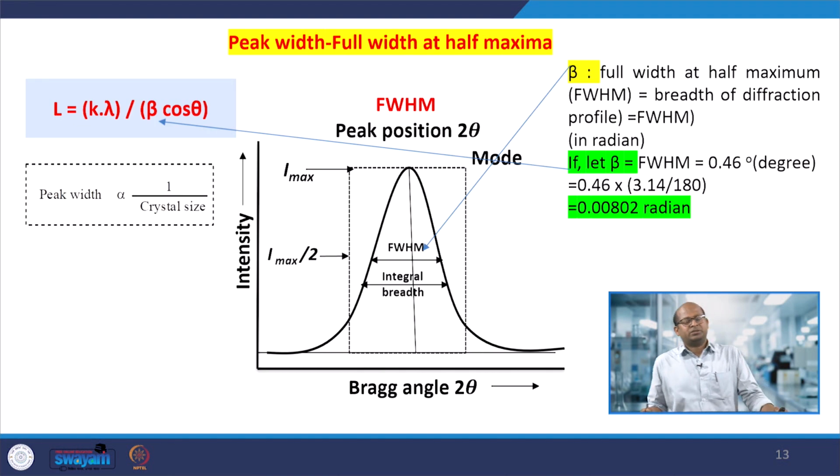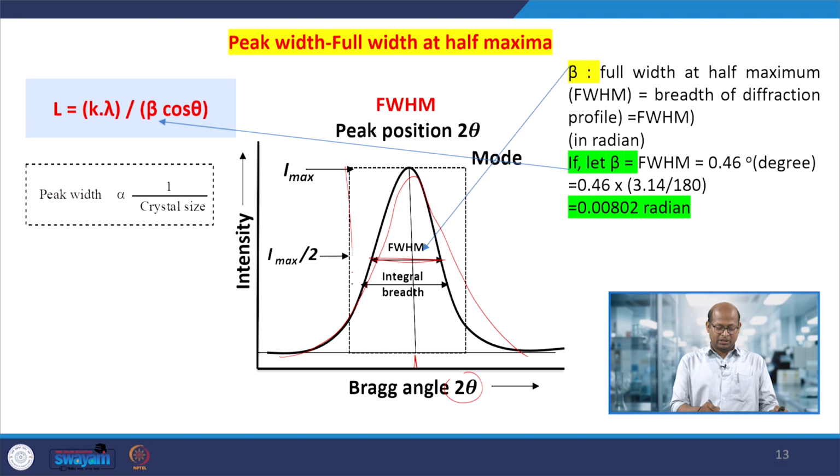Here you can see a particular peak at a particular position, and its 2 theta value was taken. Here is the full width at half max: this is the total length, and this is the full width at half max, which is actually beta. This is the half max position.